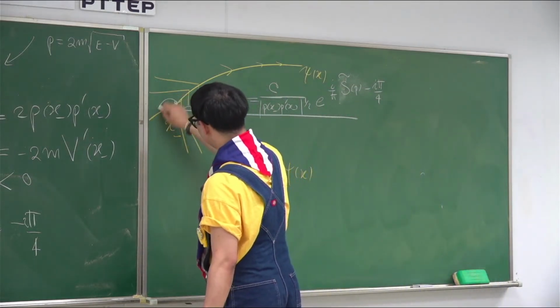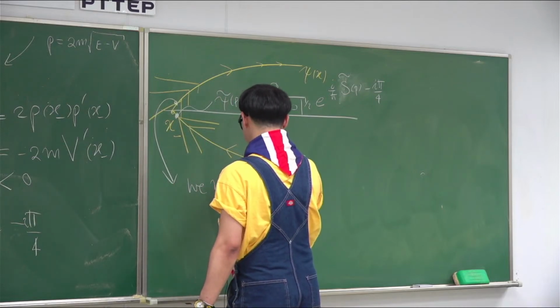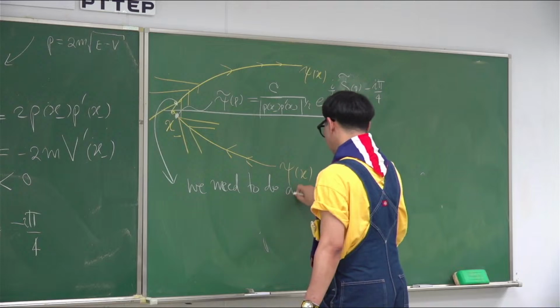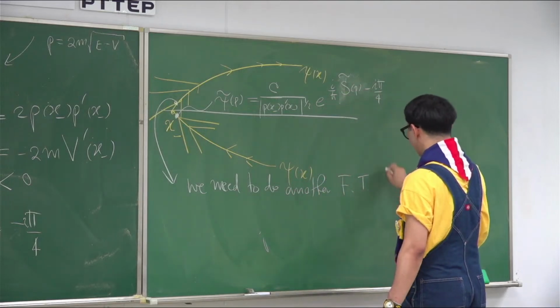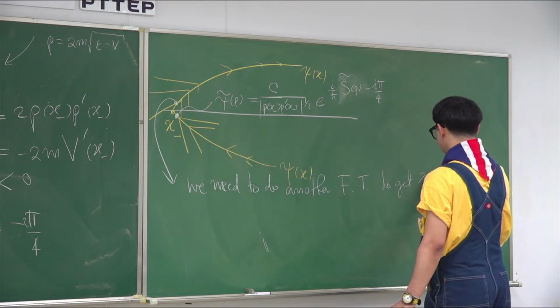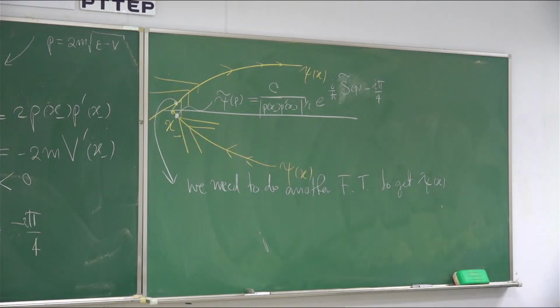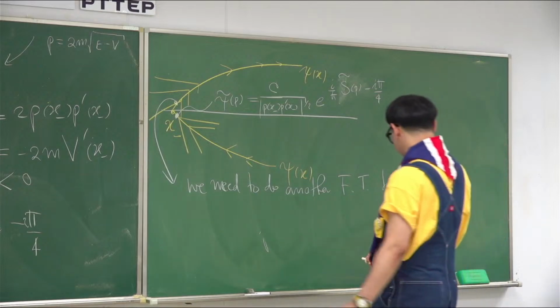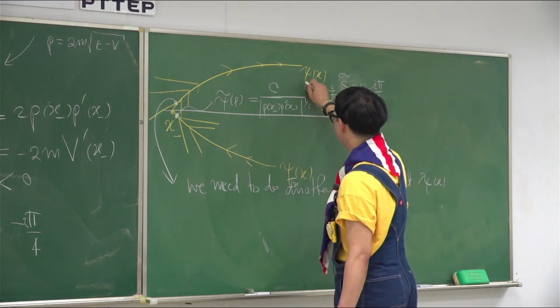At this point, we need to do the Fourier transform to get right here. So I said that this is in, and then this is out.